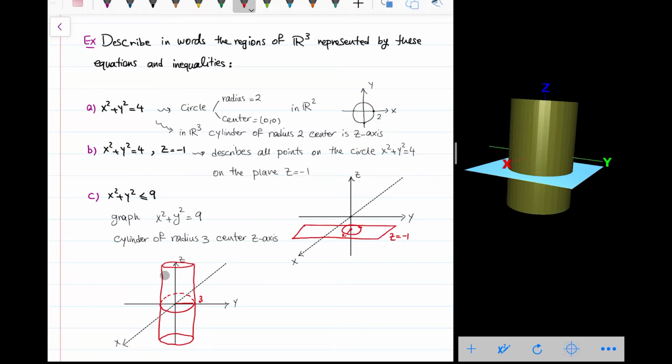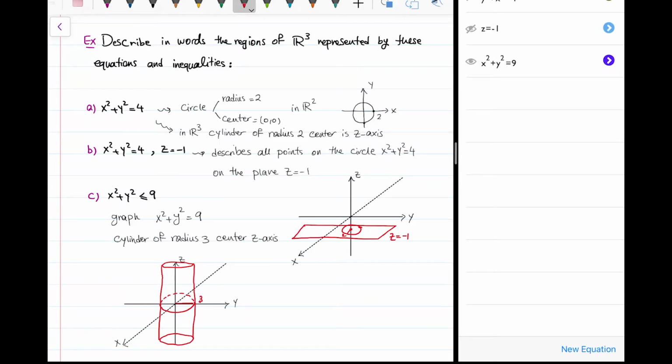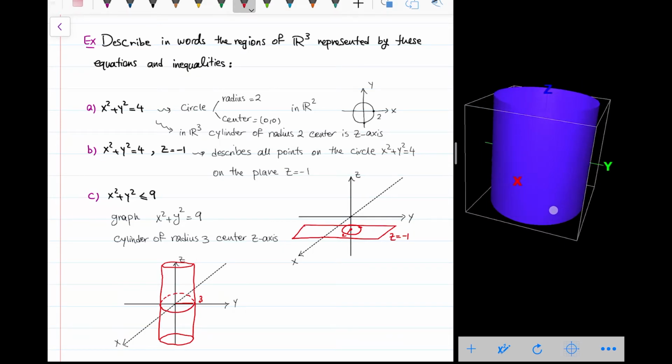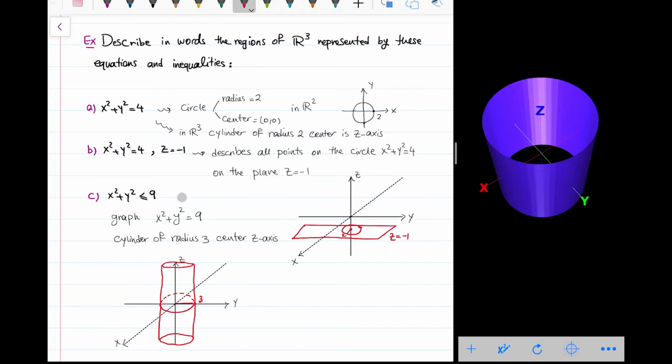Now that I have an inequality, I need to see whether the points I want are on the cylinder, inside the cylinder, or outside the cylinder. So this is the purple cylinder, and I need to consider the points that are inside, on, or outside the cylinder.